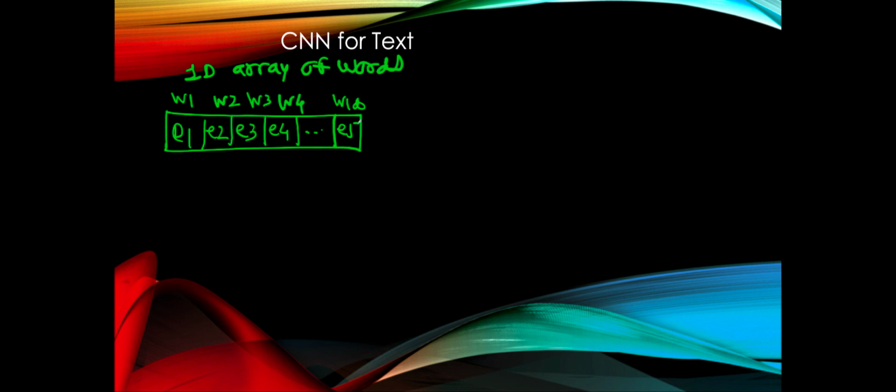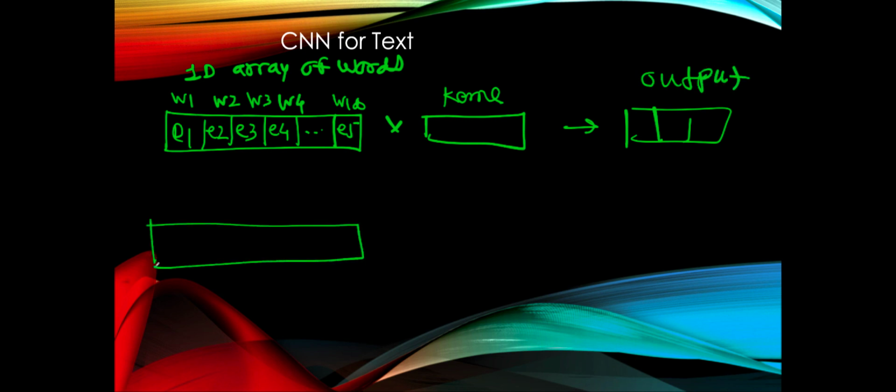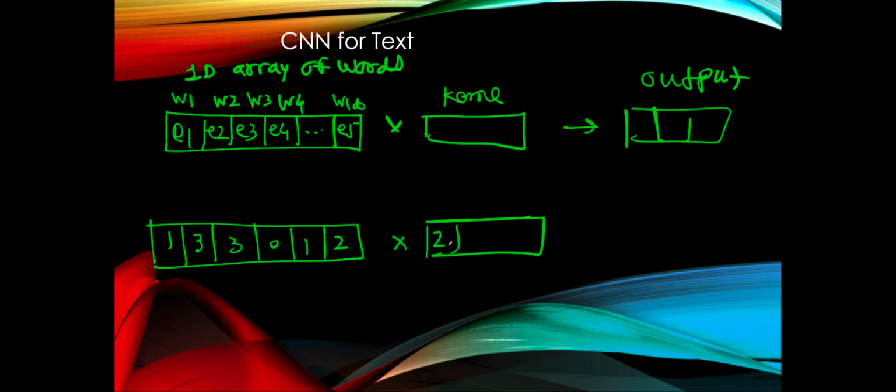And then we select a kernel and again convolve to give the output, right? So let's take an example. Let's say we have the embeddings that look something like this: 1 3 3 0 1 2, and we have a kernel that looks like this: 2 0 1.